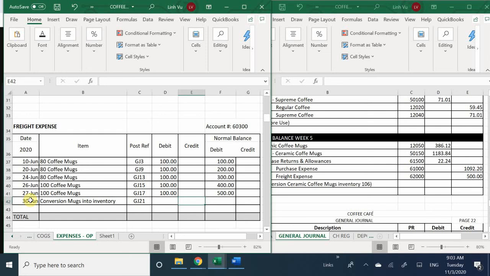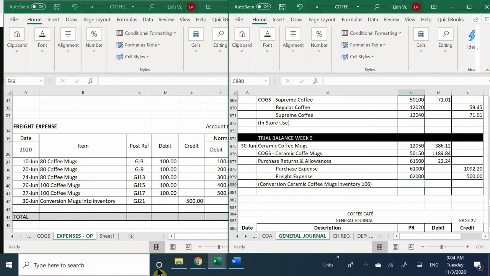And I credited my account by 500, bringing my account now to be 0. Right? Good. So there we complete our conversion entry.